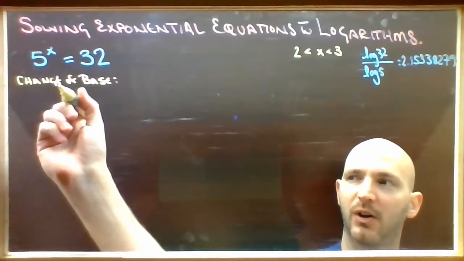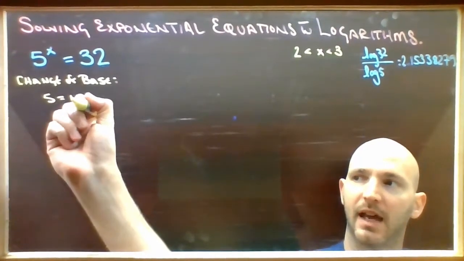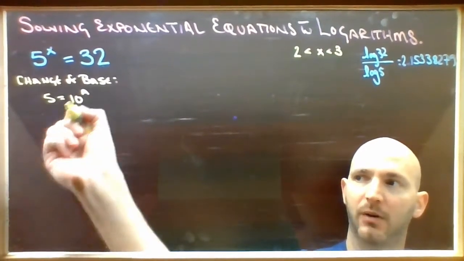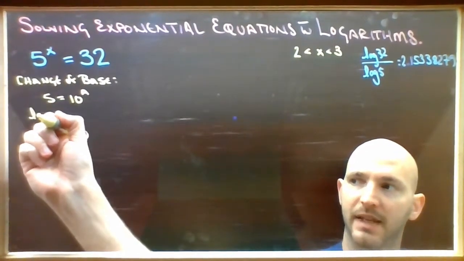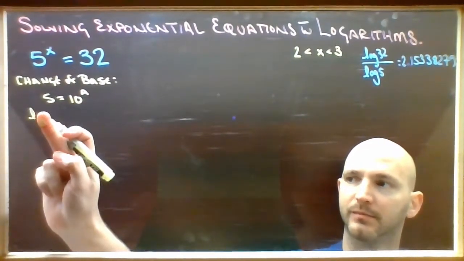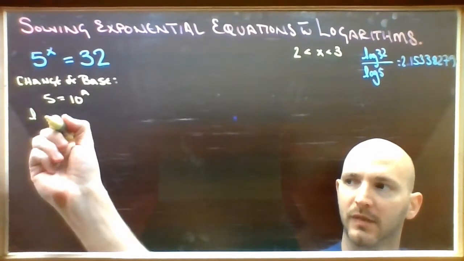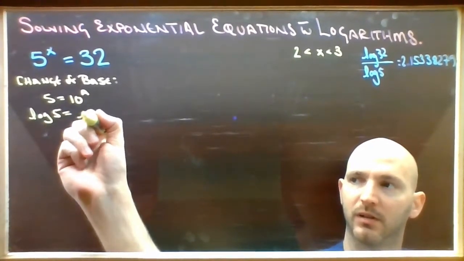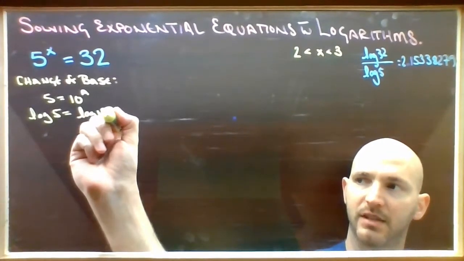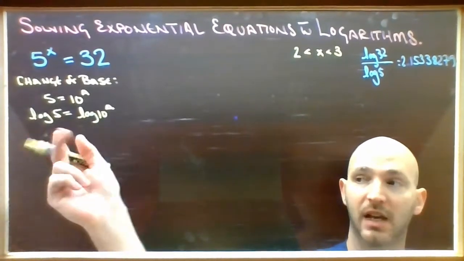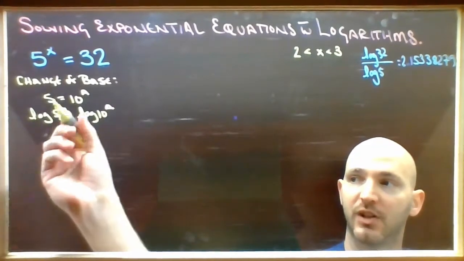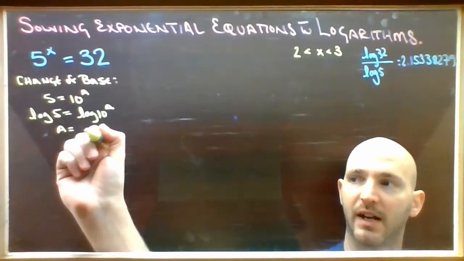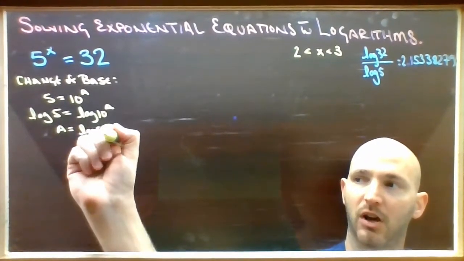So I want to know if 5 can be written as 10 to some power. Well, I would use log base 10 to do that. Log of 5 equals log of 10 to the a by applying log to both sides. These undo each other, so that conversion factor is log 5.